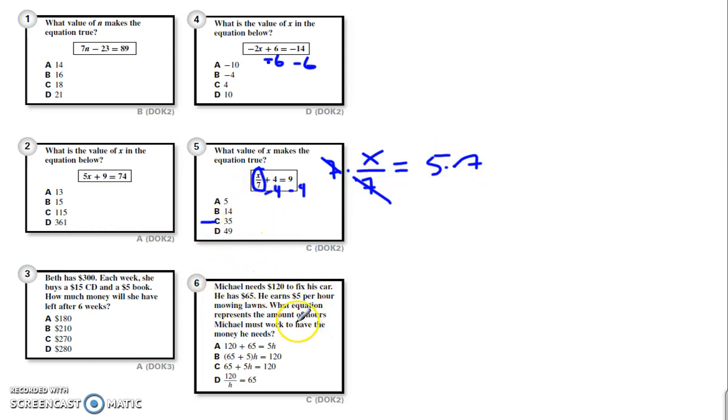Number 6. He needs 120 to fix his car. He has 65. He earns $5 per hour. 65 is what he has, plus $5 per hour, means we're multiplying every hour by that. We'll get him 120. So that is C.